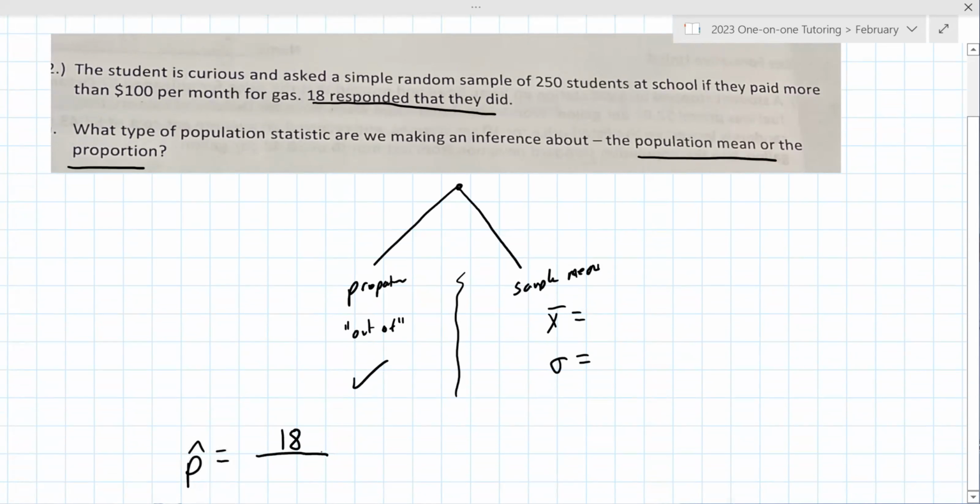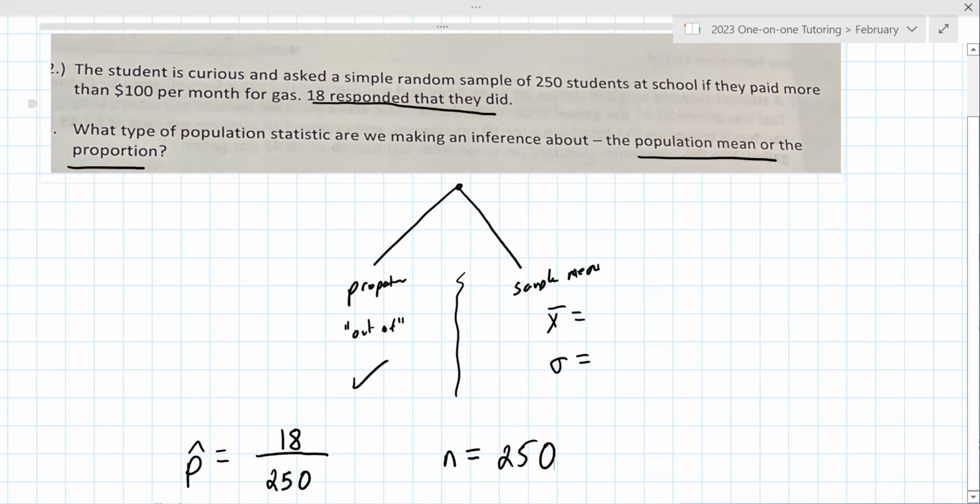Out of how many? Out of 250. Yes. So this is your p-value. What is your sample size? Is it also 250? Yes. Very good. So this is enough to be able to do the confidence interval.